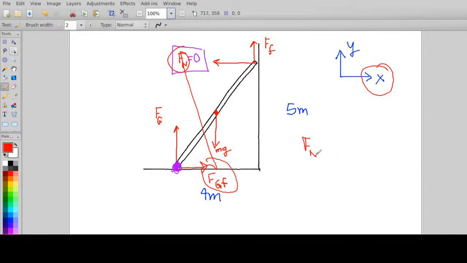We would have Fn equal to the force of the ground friction. And so that would have been our x component forces balancing. Our y component forces balancing would have been FF plus FG is equal to 200.